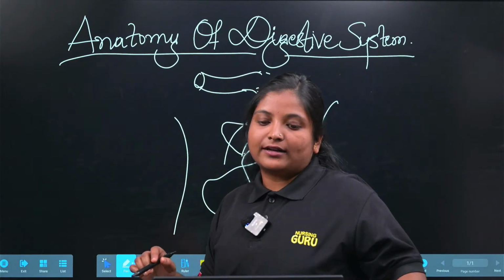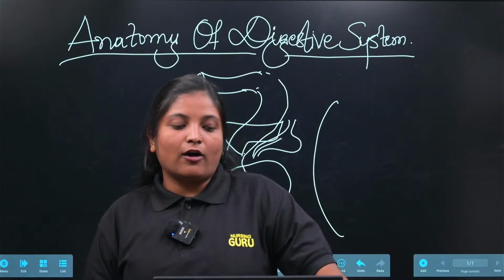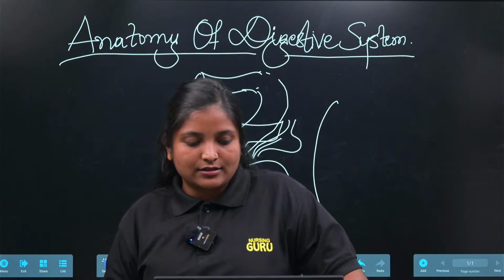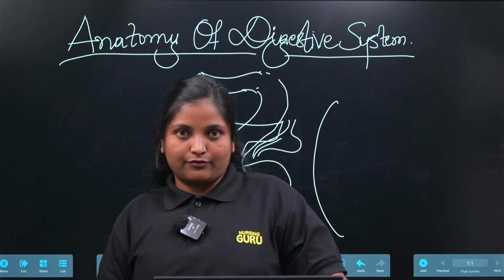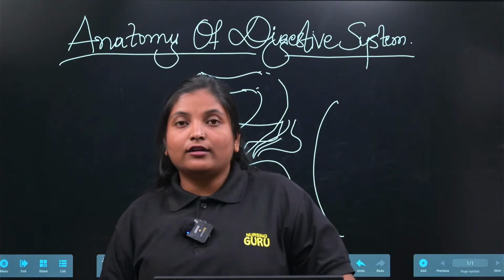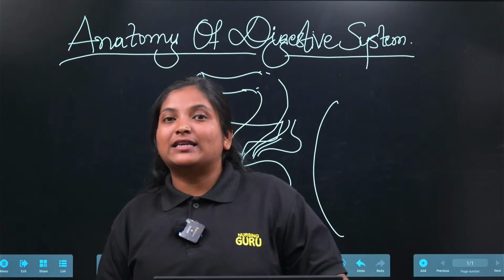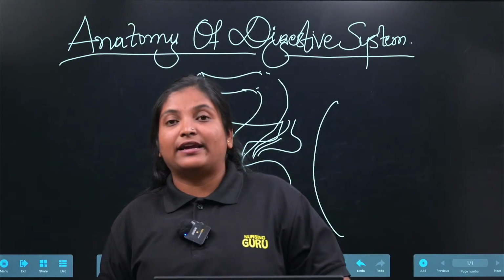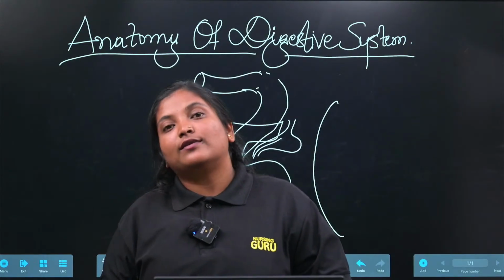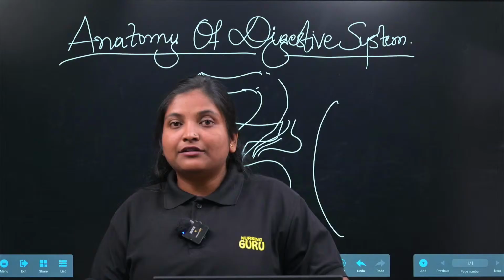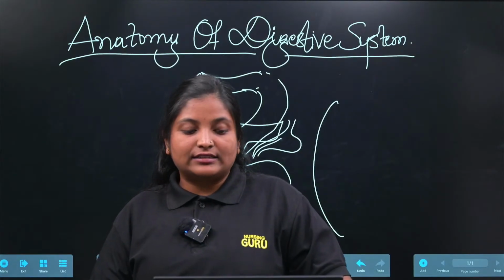The digestive system, or the digestive tract, is associated with the organs of digestion, which means where the digestion takes place. From the mouth to the anus, we call it the digestive tract.